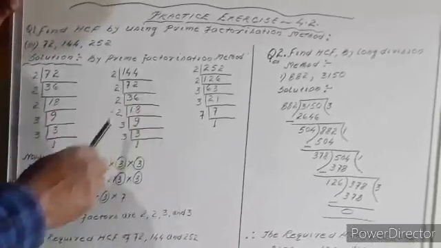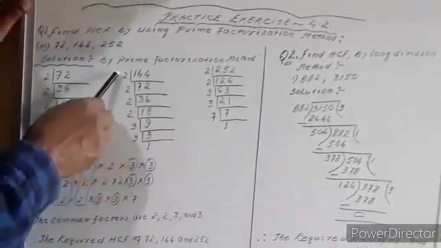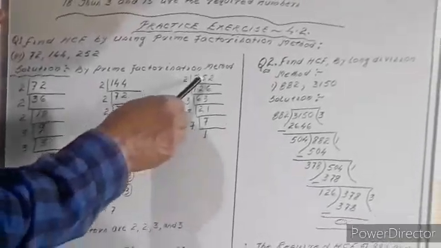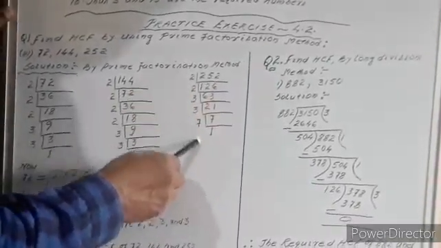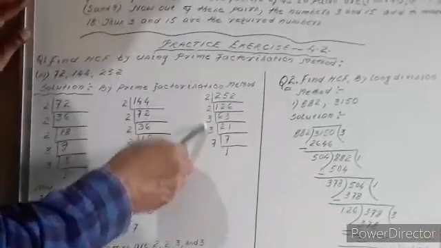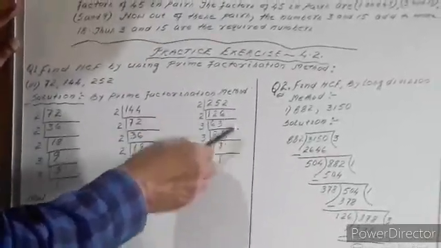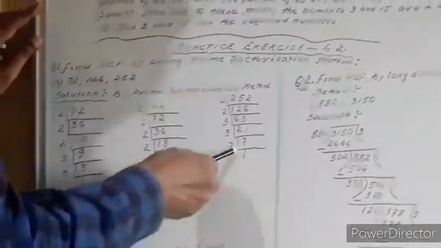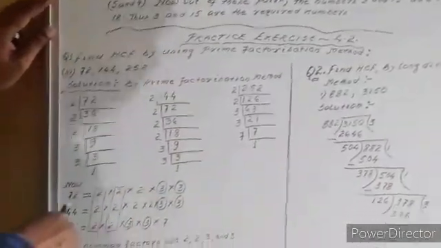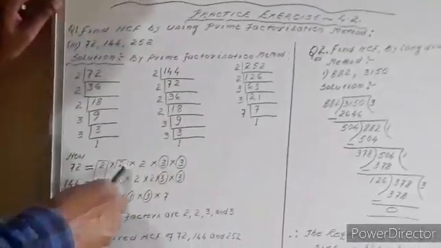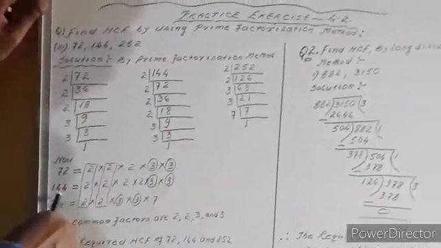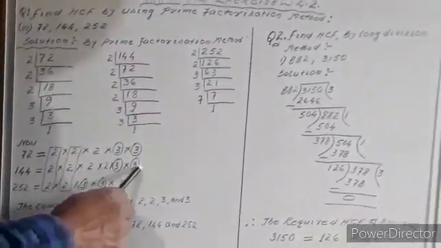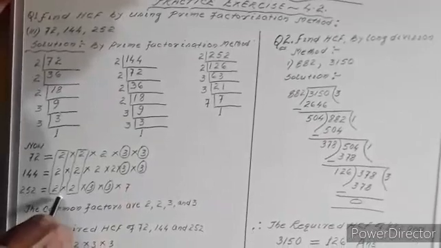We determine all these factors of 252 as well. So 72's prime factors are 2 into 2 into 2 into 3 into 3. 144's factors are 2 into 2 into 2 into 2 into 3 into 3, and likewise 252's factors are written over here.